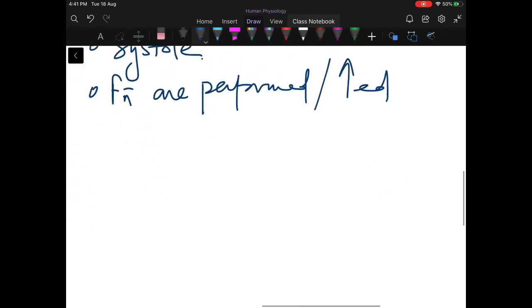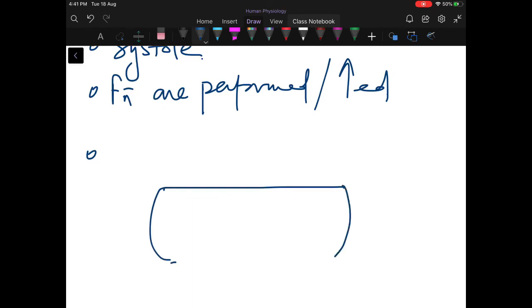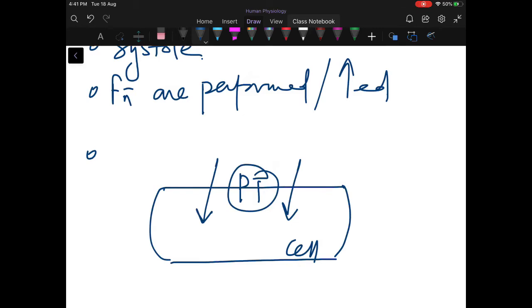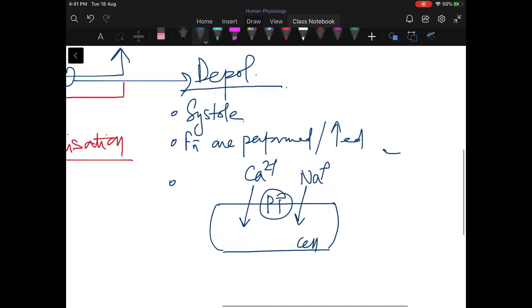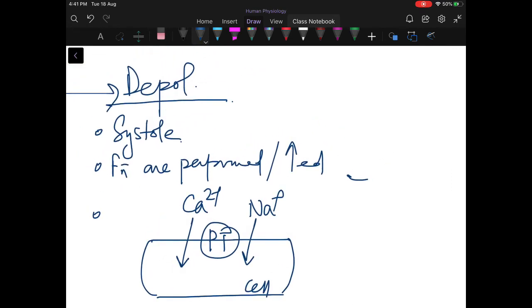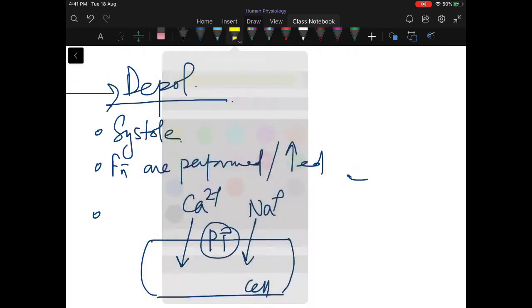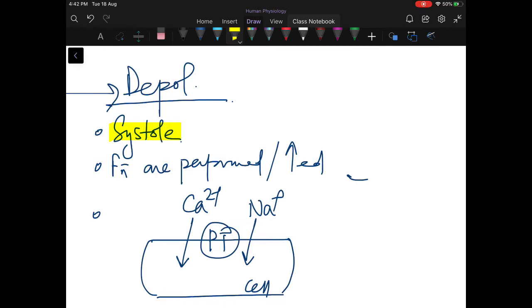And here we are going to draw a simple representation of a cell, and two cations enter the cell through passive transport, which I am denoting with PT. The two cations are calcium and sodium. So in the depolarization phase, it coincides with the systole of the cardiac cycle, functions are increased, and the two cations, calcium and sodium, enter the cell.